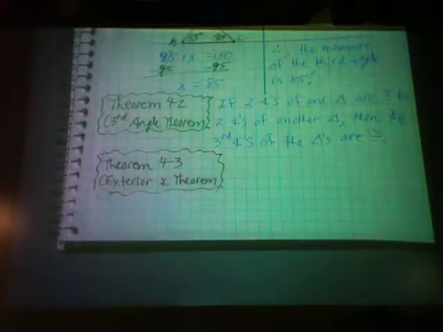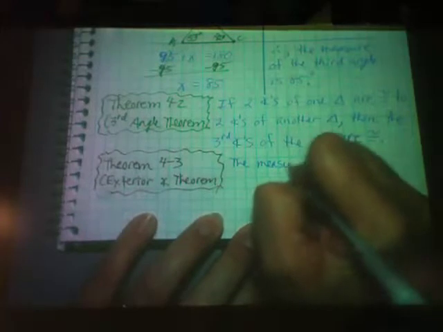All right, this one says the measure of an exterior angle. Doesn't that imply that that angle is on the outside? Okay, I'll tell you what an exterior angle is in a minute.